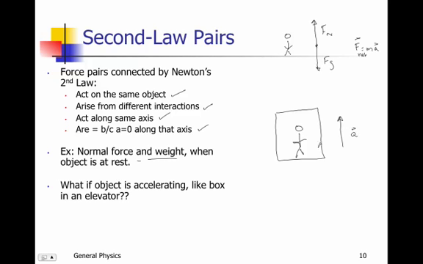The normal force relates to our sensation of how much we weigh. So think about, as the elevator is moving up, do you feel heavier or lighter? The force of gravity is going to be the same. But in this case, when we move upward, the normal force is going to be greater.